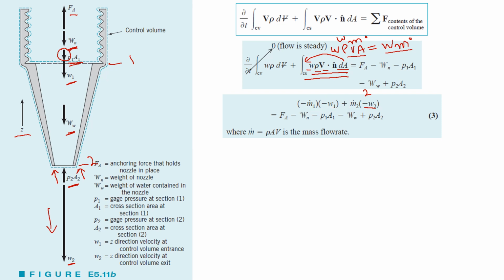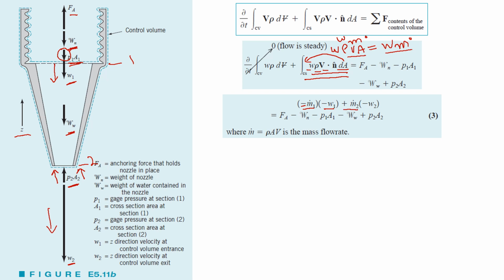Now let's discuss the plus minus sign. The flow rate into the system is negative, as you know from our previous discussions: flow into the nozzle is taken as negative. Then minus W1, because velocity is also a vector quantity, and that velocity is along the negative z-axis.